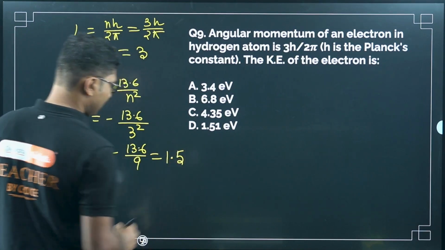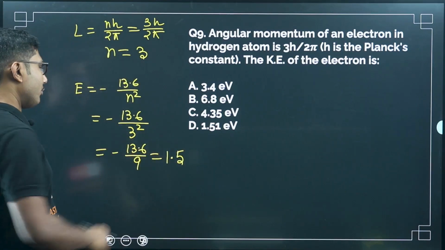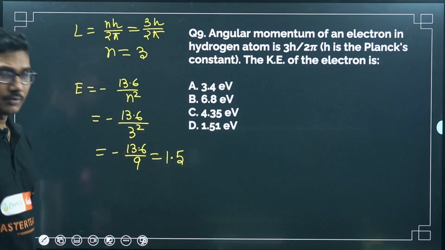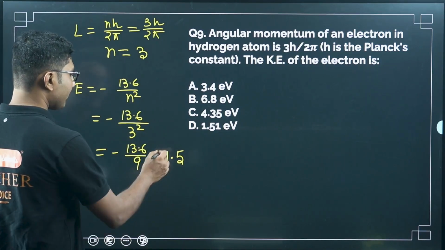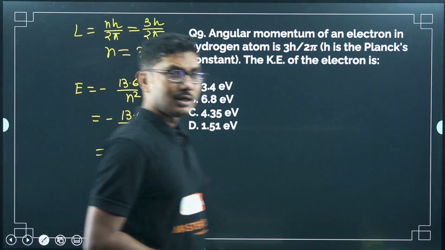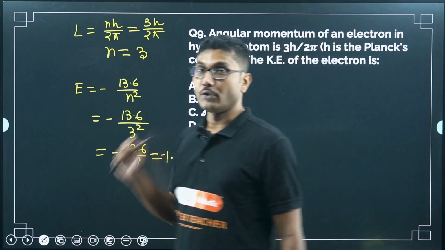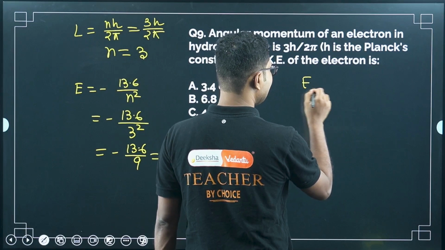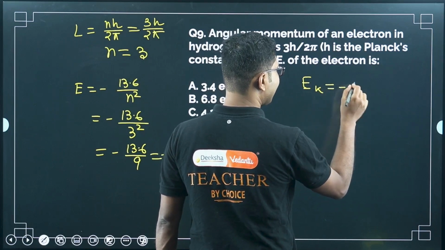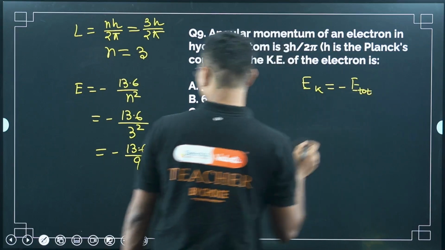It will be minus 1.5 approximately. 9 ones are 9, then 4.5, 4.6 means almost half of the 9, so 0.5. So this is the total energy of the electron in the third orbit. Now if total energy is this, then kinetic energy, you should know this, kinetic energy is equal to minus of total energy.